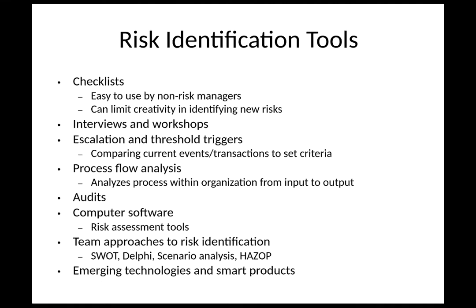Some other tools that are discussed in the textbook: checklists, right? And one of the things for the exam that you want to think about is what are the advantages or disadvantages of each of these types of tools, and why and where would you want to use some of these, right? So one of the advantages of a checklist is that anyone can use it. It has a little checkbox, yes, no, did you see this thing?